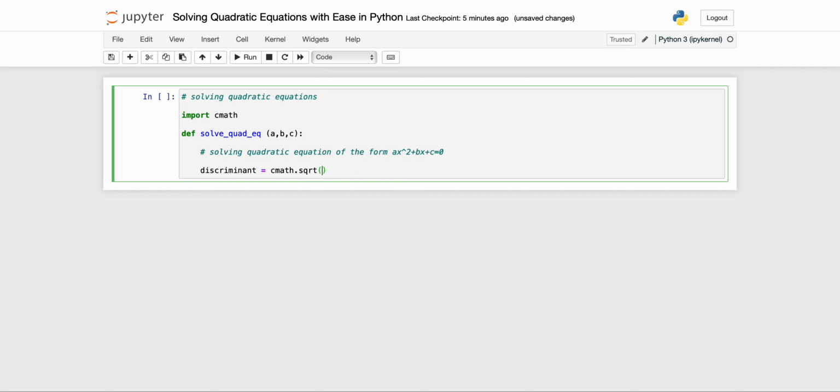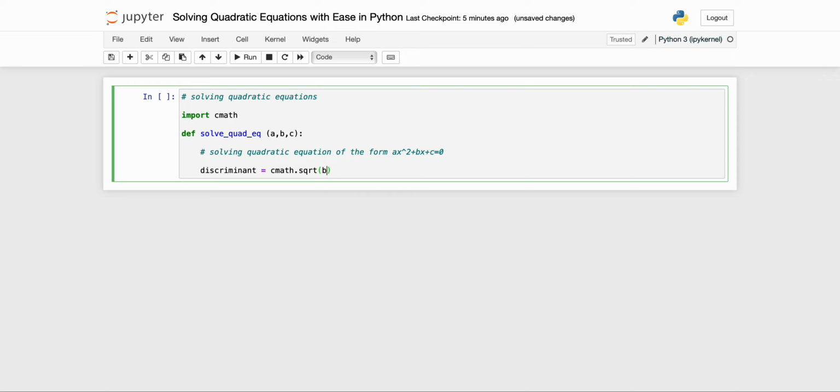If you remember from your algebra class, the discriminant is b squared minus 4ac, that part of the quadratic formula.